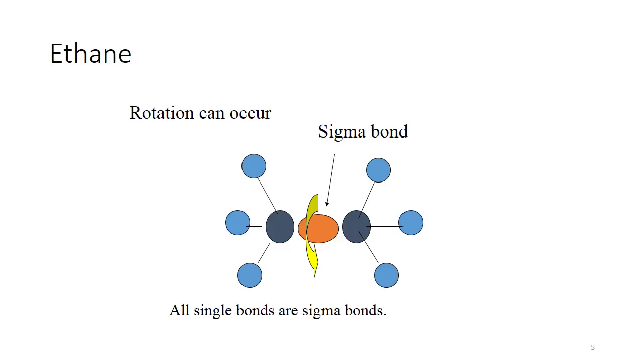All single bonds are sigma bonds, so all single bonds have the ability to rotate unless they're restrained by a ring. Of course, rings can't have complete rotation because the ring prevents the atoms from rotating around.